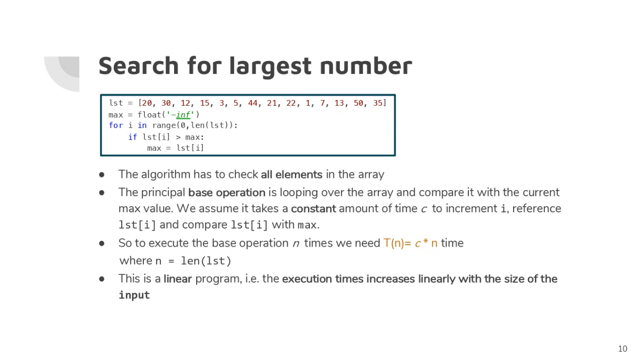But we have to execute this base operation n times. So for each element in the list, we're going to compare the eth value with the current maximum. So we say the complexity, which is the runtime actually, which is denoted here by the function T, given a list of n elements, is equal to a constant factor times n.